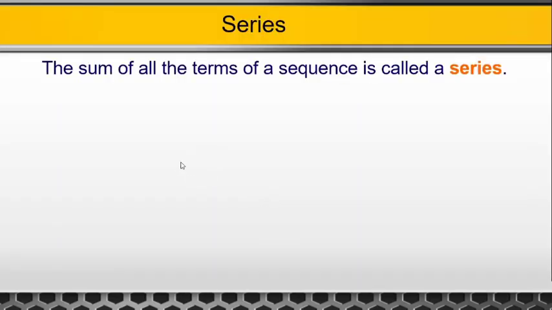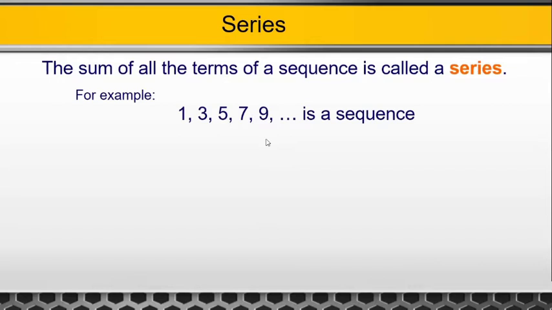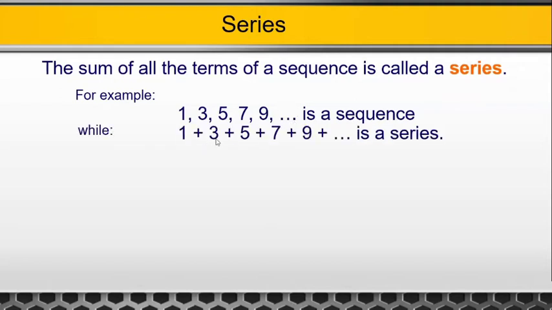Series. The sum of all the terms of a sequence is called a series. For example, 1, 3, 5, 7, 9 is a sequence. We have to remember that this is an infinite sequence because it is denoted by this symbol. While 1 plus 3 plus 5 plus 7 plus 9 is a series.